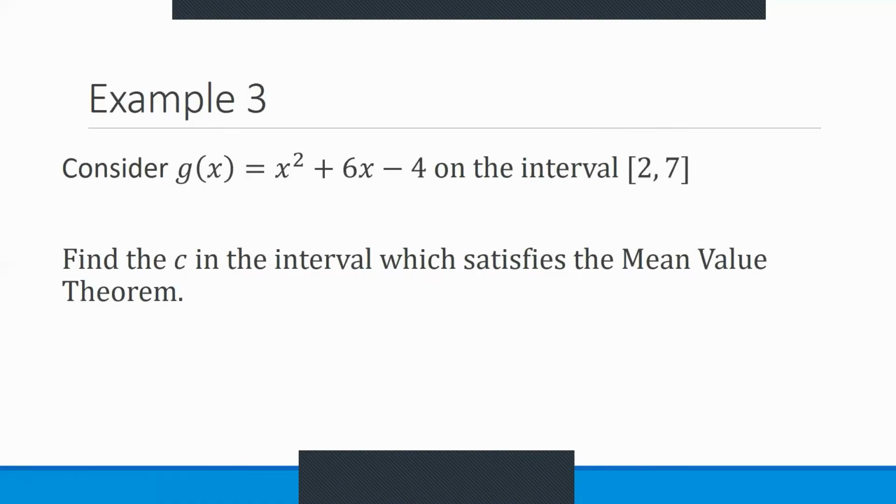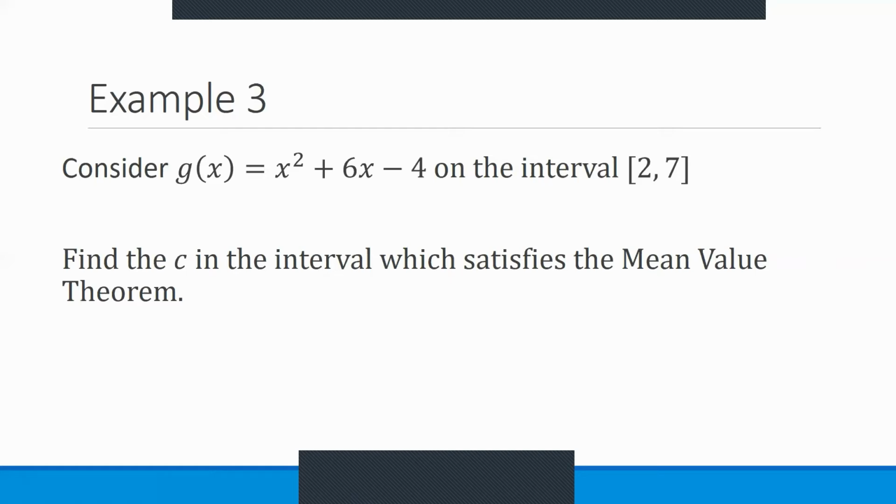Let's take a look at another function called g of x. Consider this g of x on the interval from 2 to 7. This g of x is a polynomial function.